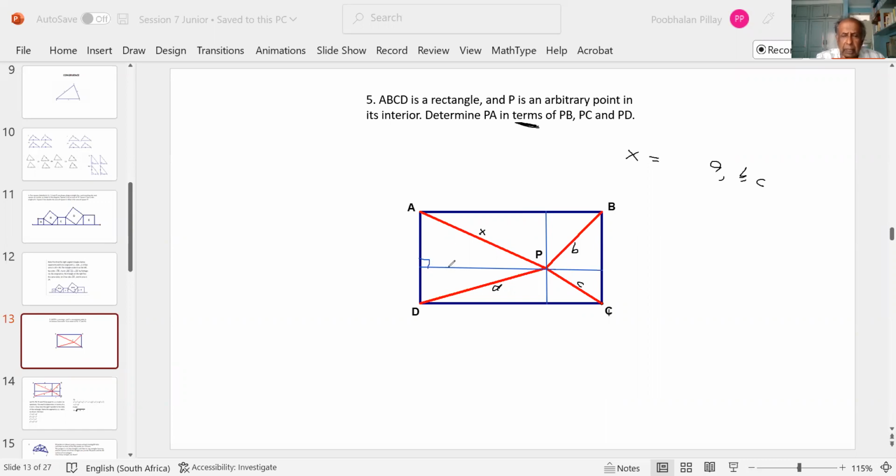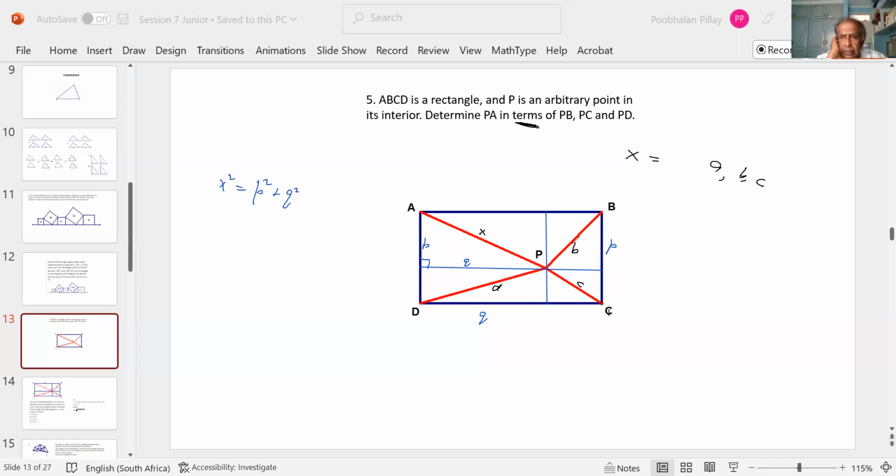Okay, let's give new names now. We'll call these P and Q. So we have x squared is equal to P squared plus Q squared. Right. Now this is a rectangle, so this is Q also. And this P, this is the same as P here.